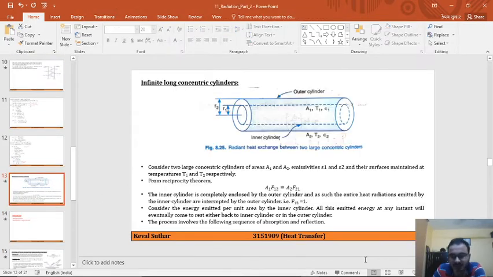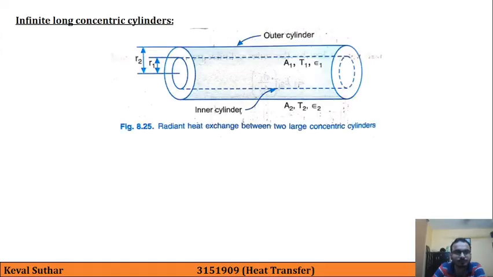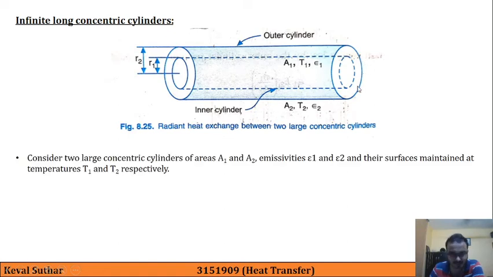Now let's begin our next theory. That is, now we are having infinite long concentric cylinder. Here, there is one inner cylinder which is having area A1, temperature T1 and emissivity epsilon 1 with radius R1, and similarly we are having outer cylinder with corresponding values.